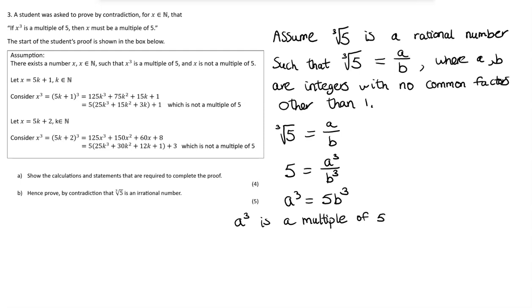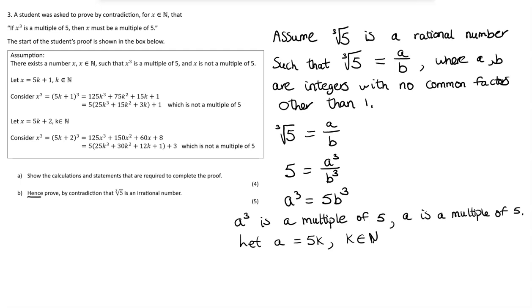And what do we just say about something cubed being a multiple of 5? Well, this is why it's a hence question. So if you see the word hence, think about what you can use from previous parts to help you. So if a cubed is a multiple of 5, then a is a multiple of 5. So let a be 5k, where k is a natural number.